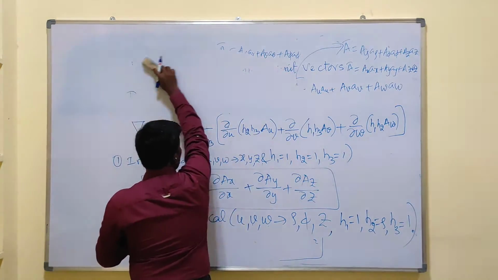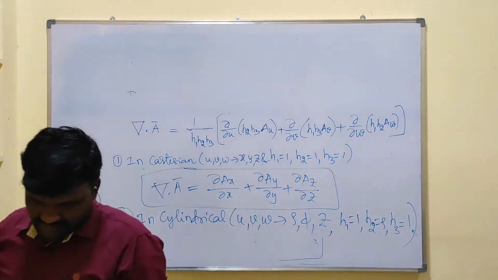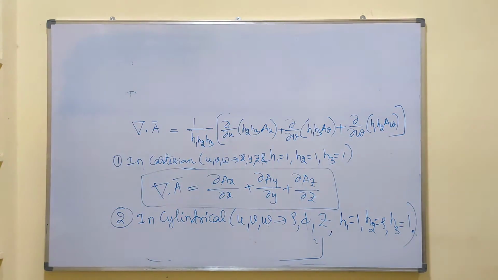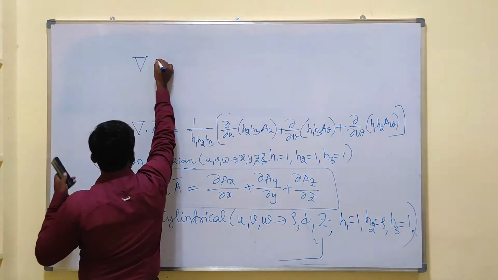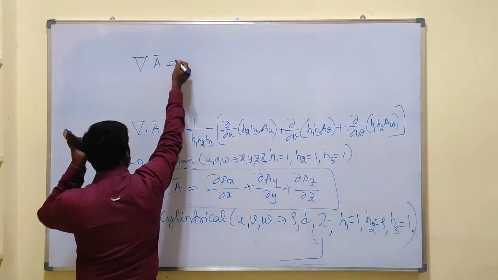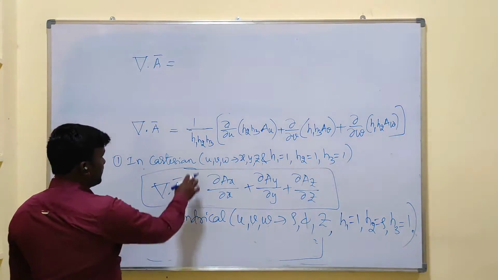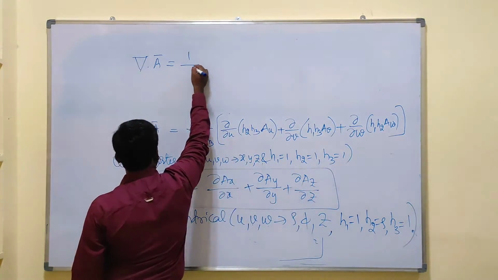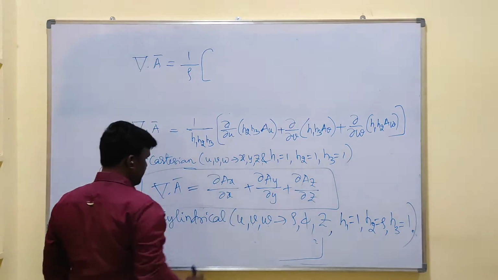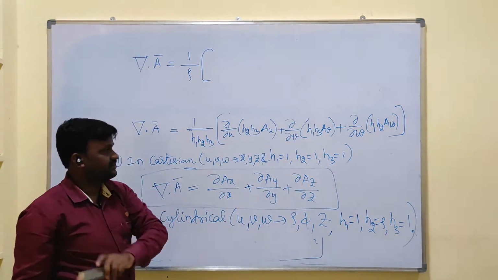We will get del dot A bar is equal to 1 by h1 h2 h3, that is 1 into rho into 1, gives 1 by rho, multiplied by all these terms.